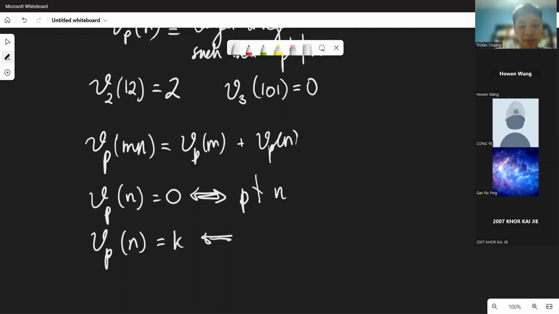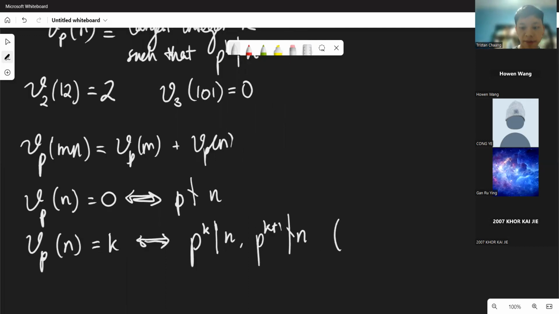This is the same thing as proving that p to the k divides n, but p to the k plus 1 does not divide n. Right? And we normally write this as p to the k and then double stroke n. So it's kind of like p to the power of k fully divides n.